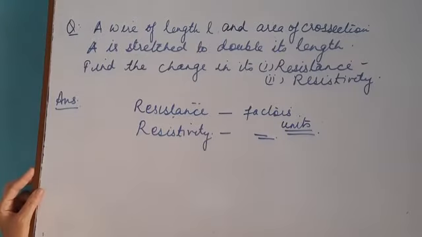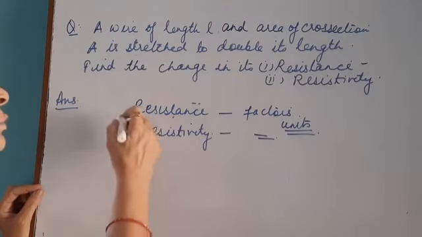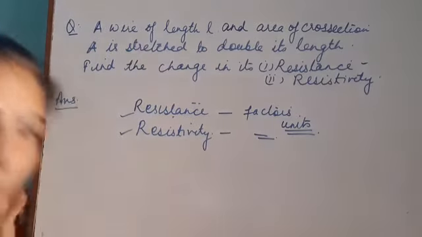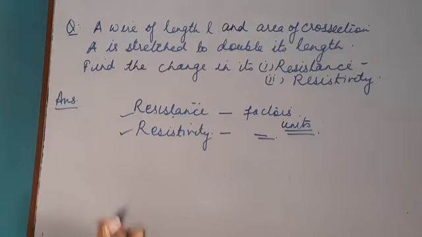Today we'll try to do a numerical in which you'll understand how these two physical quantities change if a given wire is stretched. This is a very common question asked in the examination.